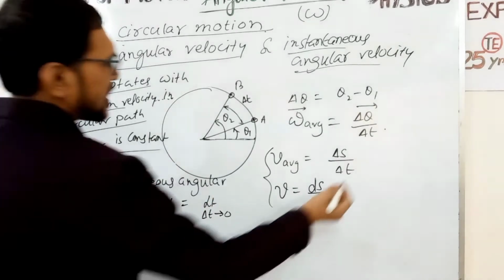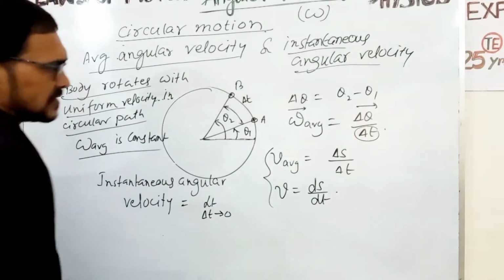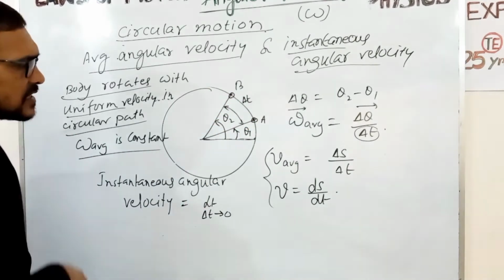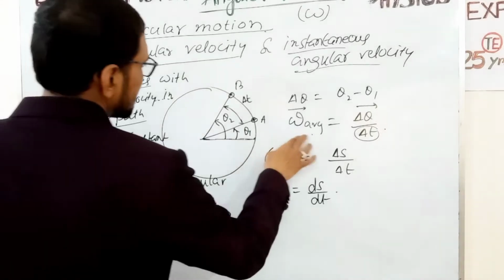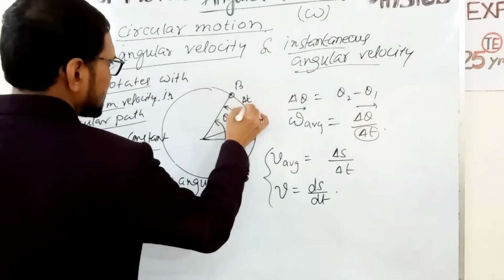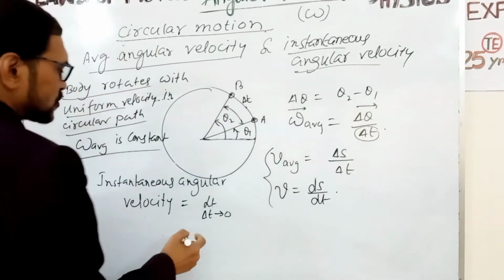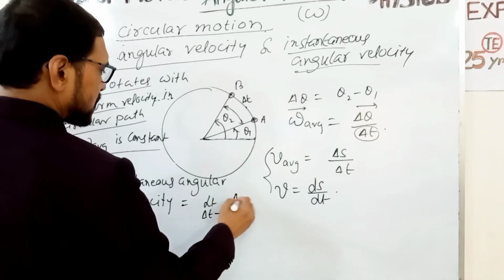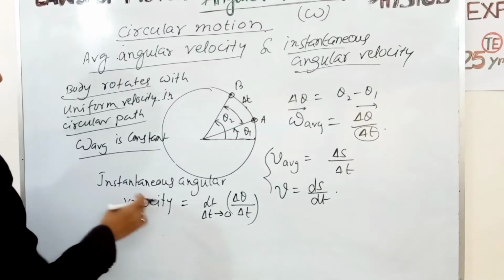Instantaneous means the time gap should be very small, tending to 0, then it denotes a moment. When there is a time gap, we can say that it is average, and we can calculate the average angular velocity. But instantaneous means at a particular moment, so the time gap should be very small. This is the definition of instantaneous angular velocity.